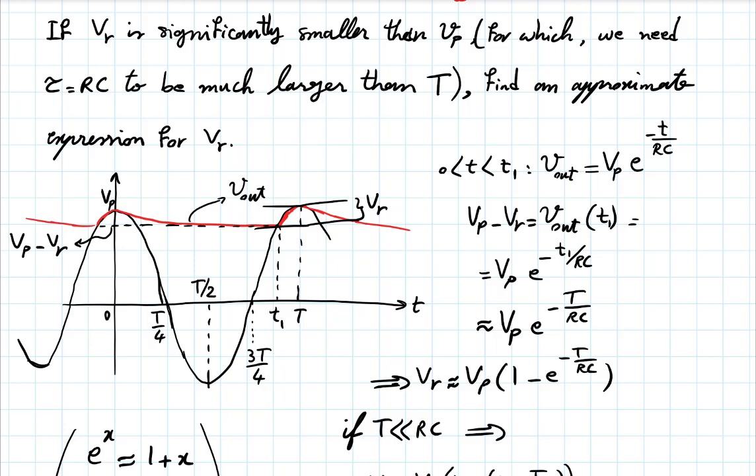Now look at the slope of the curve at this point, T1. That's when the charging of the capacitor starts, and that's when dV by dt of the capacitor is at its highest. The slope is at its highest. That slope is what the current of the capacitor is as it's being charged by the input voltage through the diode.